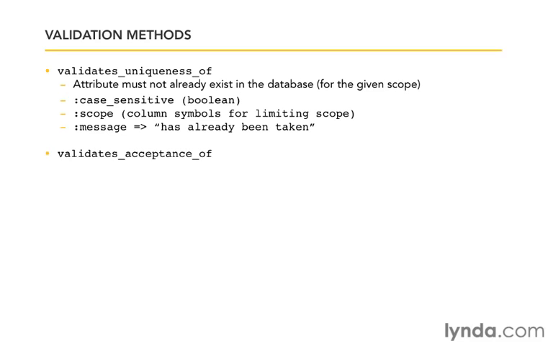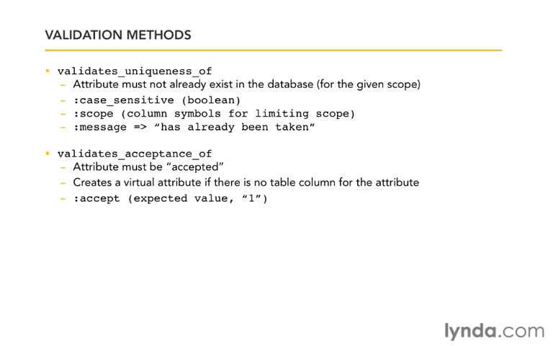The next one, validates acceptance of, honestly, I don't think is that tremendously useful. The idea here is that when we're filling out a form, we might want a user to just check a box agreeing to something, like the terms of service. Validates acceptance of makes sure that that checkbox got checked. It does one other thing for you besides that. Because something like the terms of service is something that we don't necessarily want to store in the database, we just want the person to agree to it, but we don't need to store that anywhere.